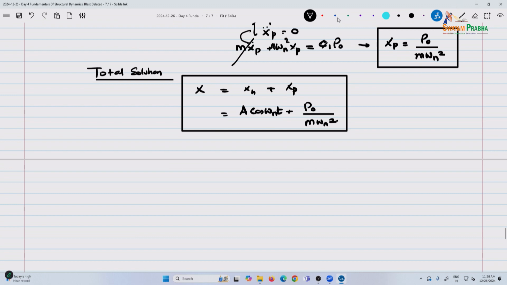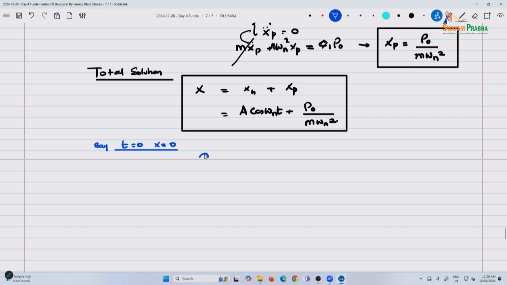Now let us say at t equal to 0, x is equal to 0. It starts with 0 initial position.